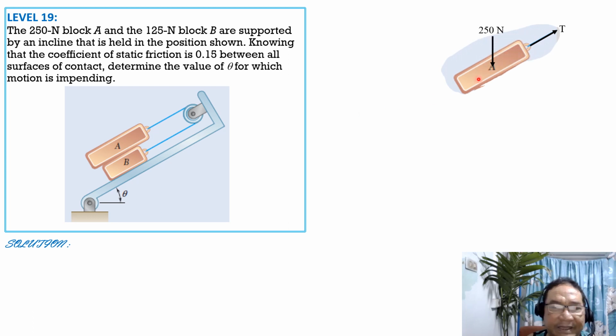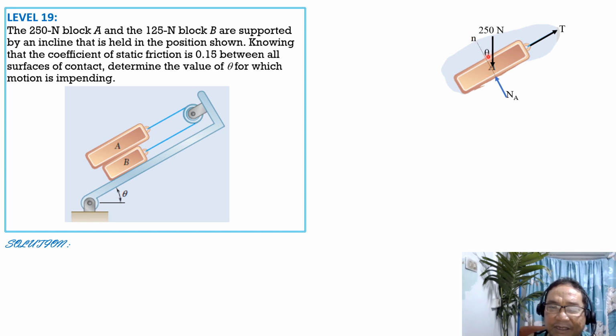This is the FBD of the upper block because we expect that A will slide down, so friction would be going up. Normal is of course perpendicular to the incline on the underside of A, and friction is up to the right as shown.